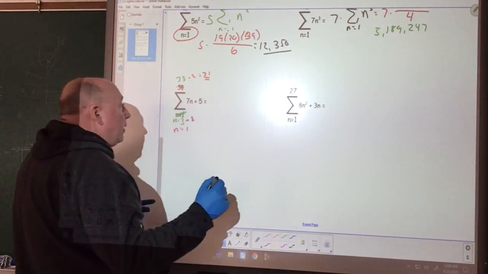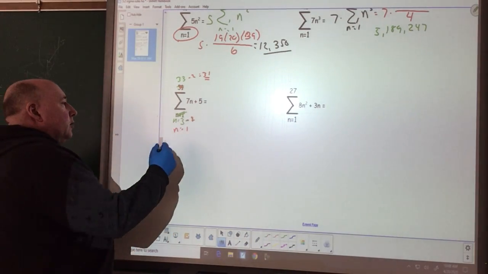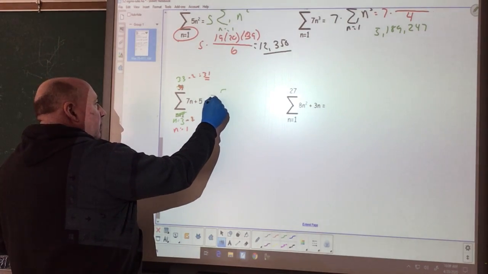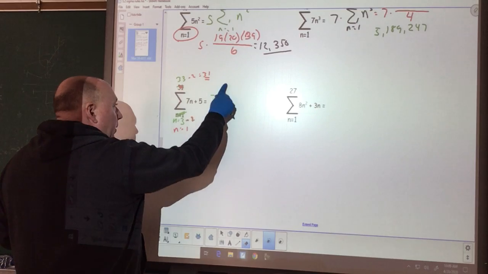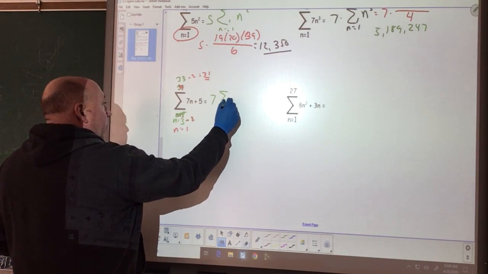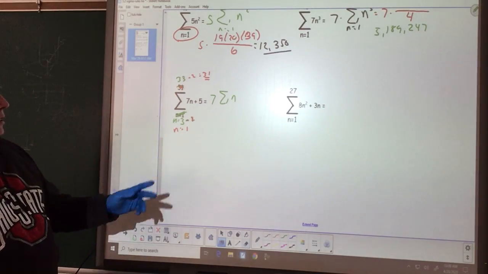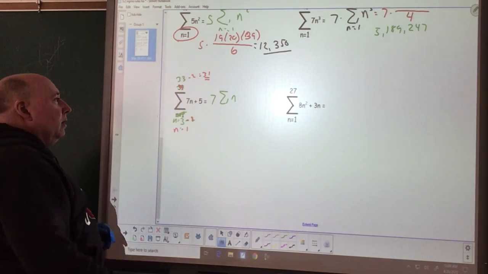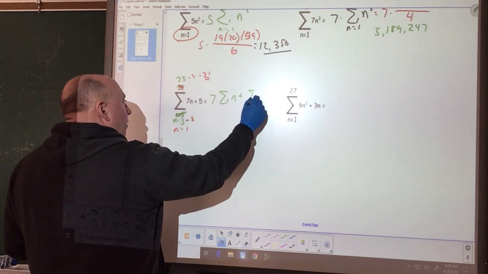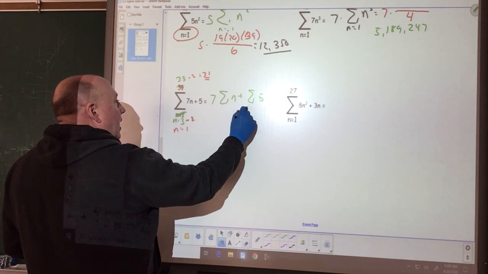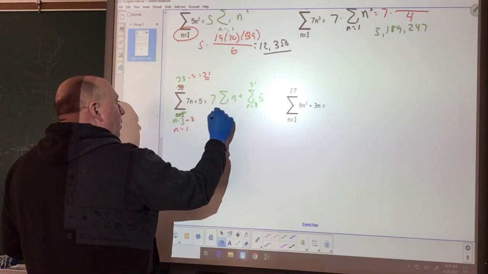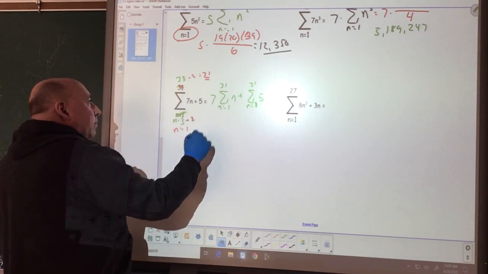But now we have two terms here. So we have the sigma of seven times n plus the sigma of 5, and this is n equals 1 to 31.